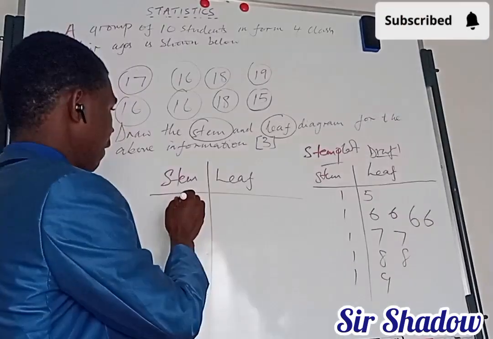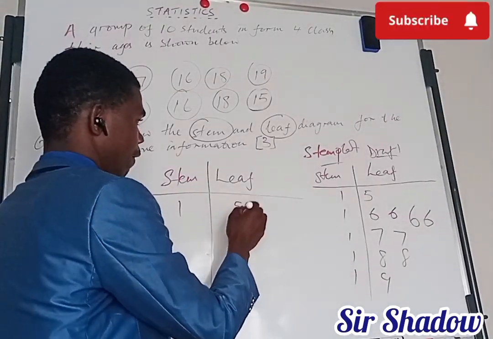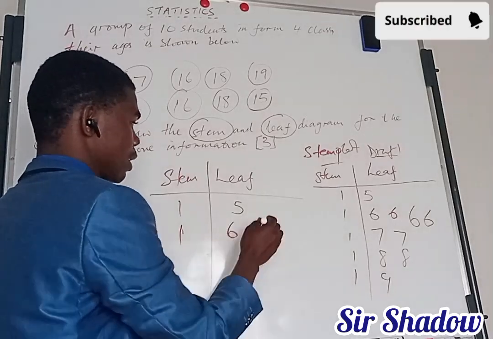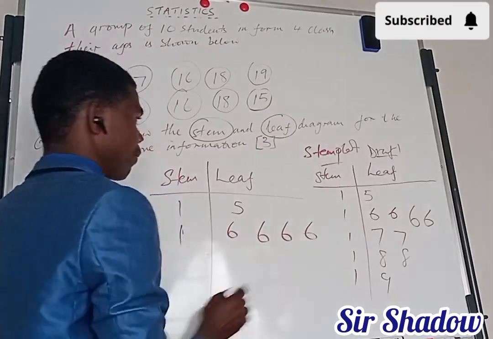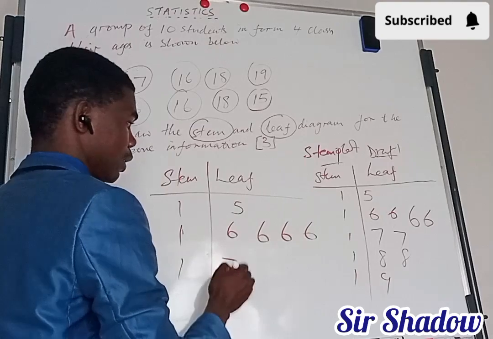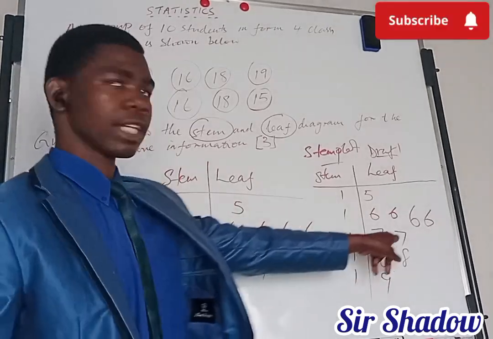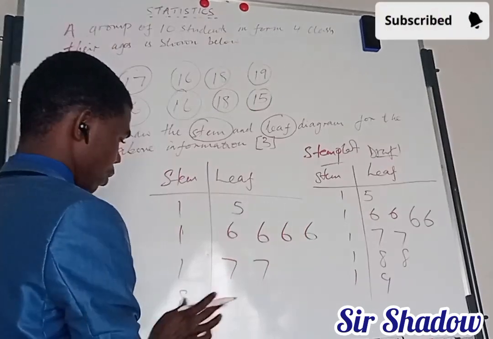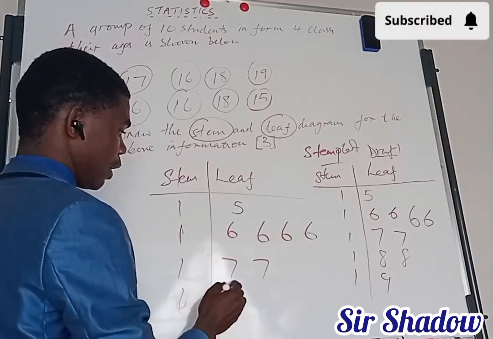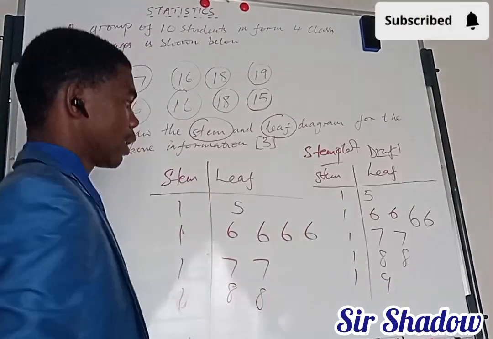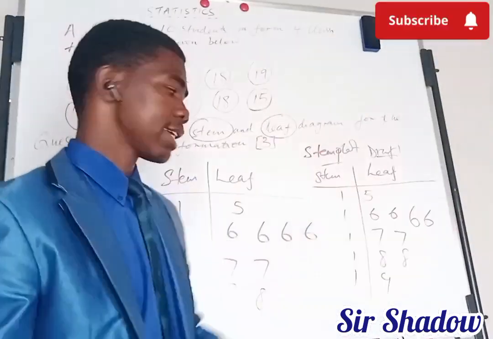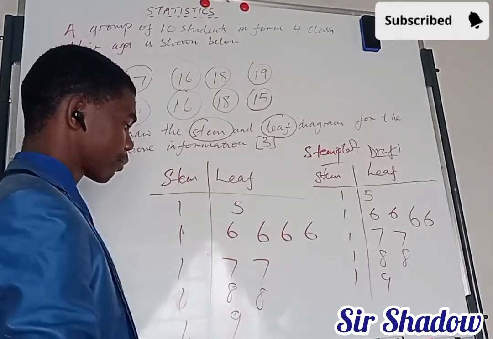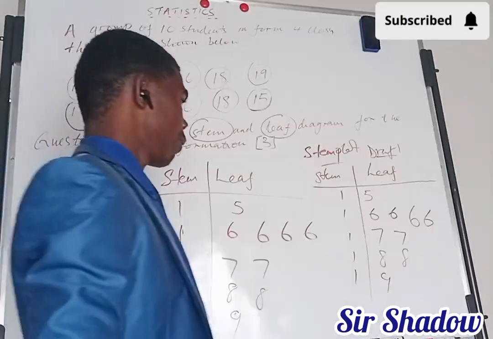Then we have 5, then 6, 6, 6, 6 already in order of size, then 1, 7, 7, already in order of size again. Then we have 8, 8, 8, already in order of size again. Then the last one is 19, which is already in order of their size.